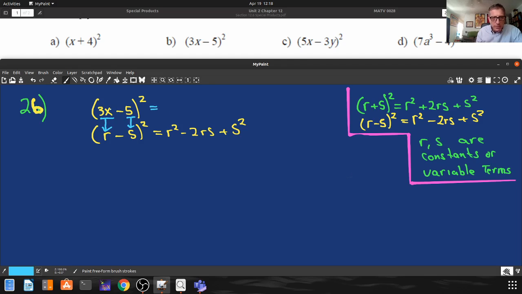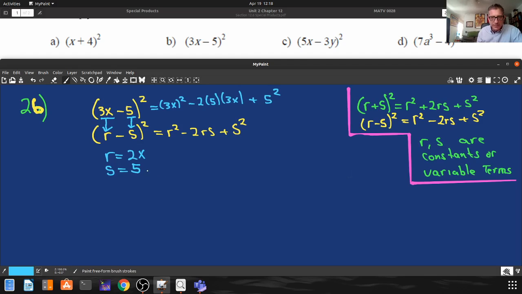So that's going to be equal to 3x squared minus 2 times 5 times 3x plus my s is 5. So if you want, you can come down here and remind yourself that r is 3x and s is equal to 5. I know that s there kind of looks like a 5, but you know it's not. So that's by the formula.